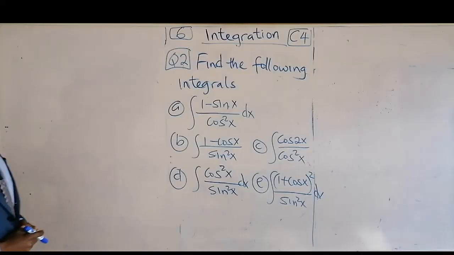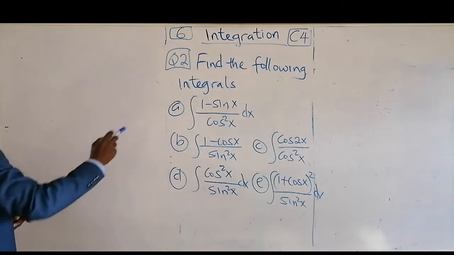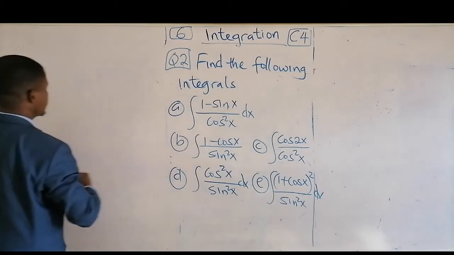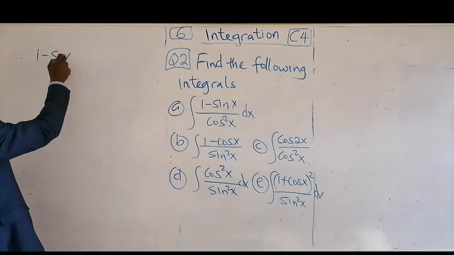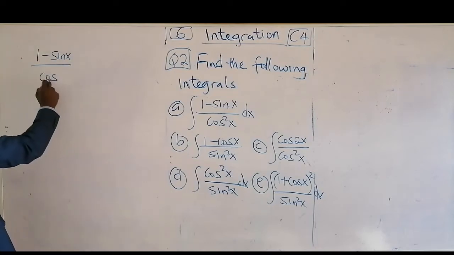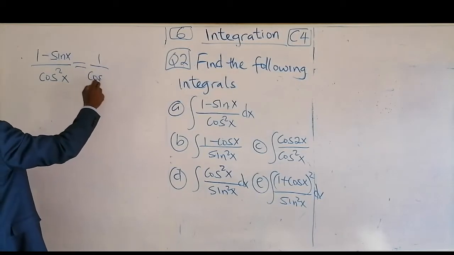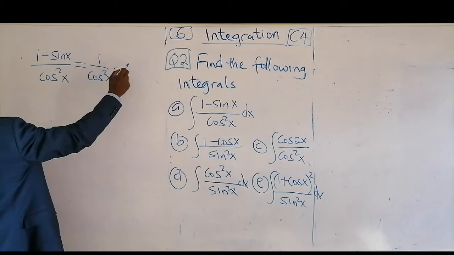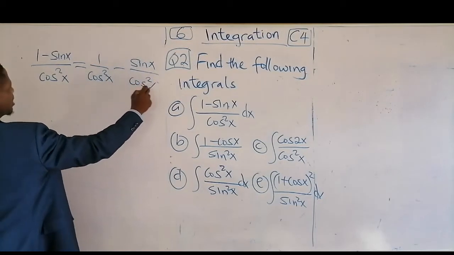Question 2. Find the following integrals. For the first part, we need to do the algebra first. This will be equal to 1 over cos square x minus sin x over cos square x.